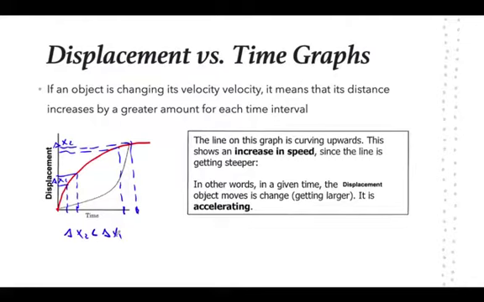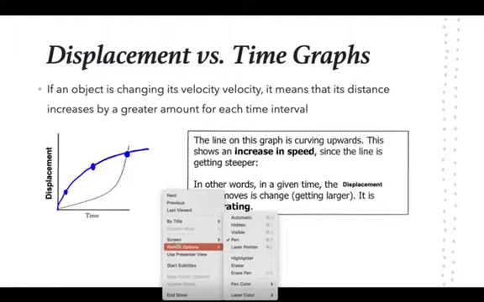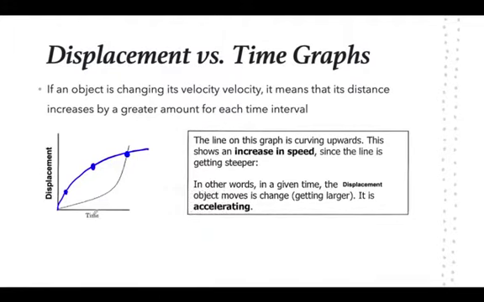Now, another way that we can prove that is by taking the slope of the tangent lines at different points. Let's say this point right here. If I'm looking at this point right here, then I see the slope of the tangent line is here, m1. The slope of this tangent line is here, and the slope of this tangent line is here. What do we notice?